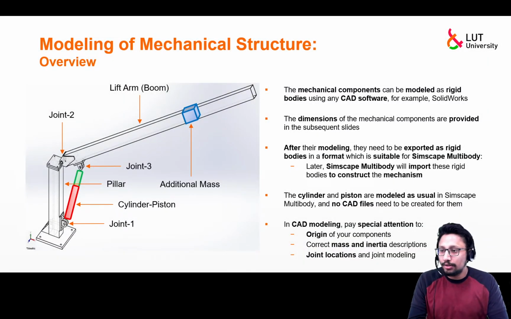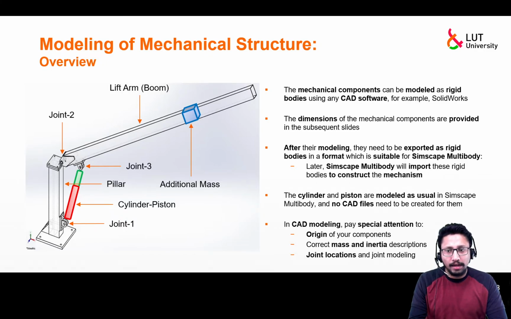Yes, so about modeling of mechanical structure, when we model all these mechanical components in CAD software, we normally model them as rigid bodies, and then we will export those rigid bodies and use them in Simscape Multibody to carry out our modeling process.